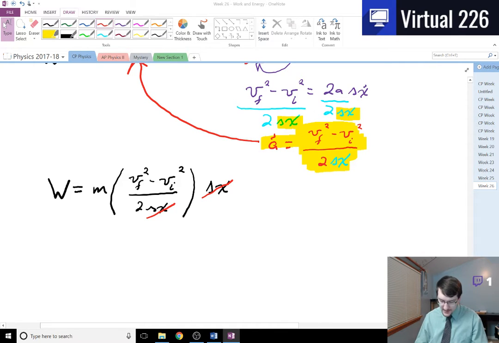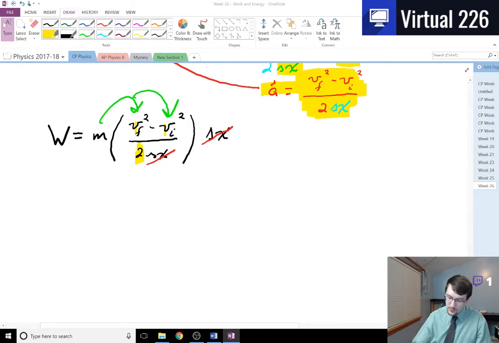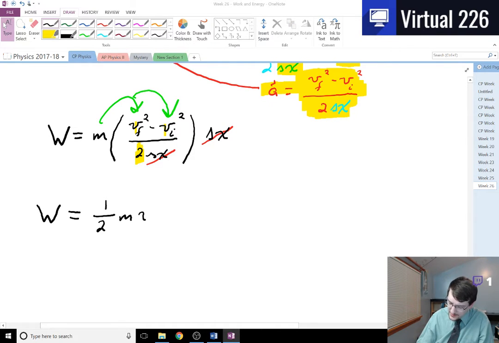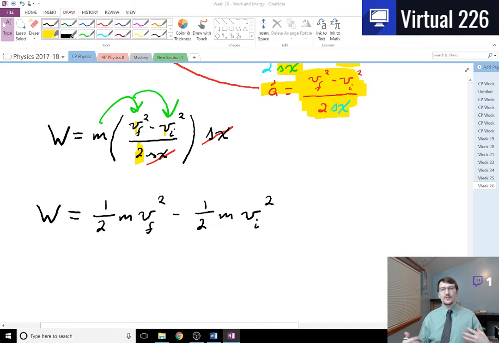If I expand this a little bit, I see that this 2 is in the denominator for both of the velocity terms, and we could distribute the m to both quantities. So writing this out in full, work equals 1/2 m vf squared minus 1/2 m vi squared. So this 1/2 mv squared term has popped up twice, once for the final and once for the initial velocity, and work is related to that.